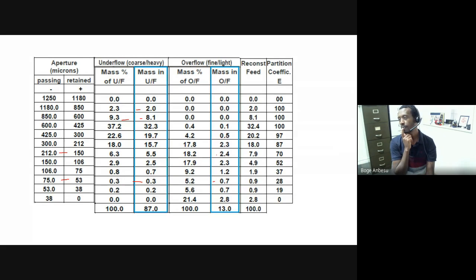Okay, I hope it makes sense. ስለዚህ ፊዱን ስፕሊት ነው የምናደርገው ወደ ሁለት ወደ ኦቨርፍሎ እና አንደርፍሎ። ስለዚህ ፊዱን ማግኘት ከፈለግን መደመር እንችላለን ሁለቱን። እንዴት ነው የምንደምራቸው?